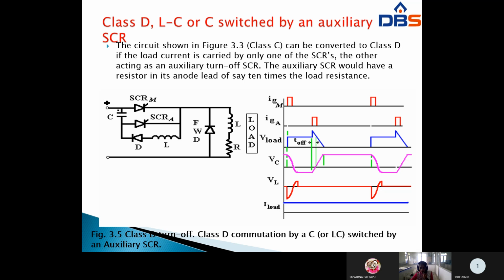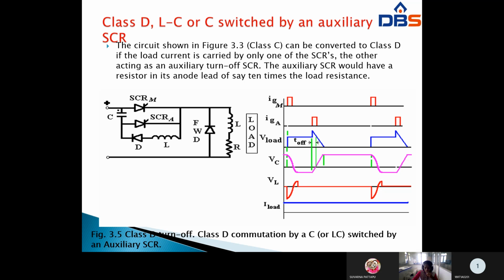Same in the negative half cycle. So VC means capacitor voltage. Here the capacitor voltage will be like this. At the start, the capacitor will be charged. Before triggering the SCR, the capacitor will be charging. Whenever the SCR is triggered, this capacitor voltage decreases and goes to reverse voltage, and it discharges through the SCR.